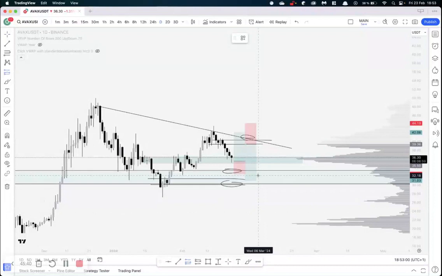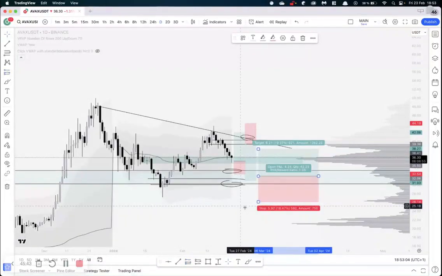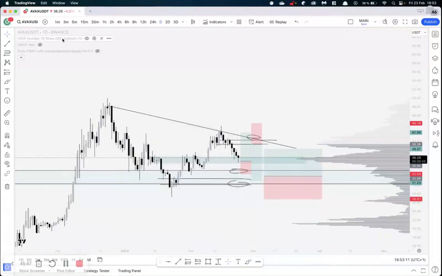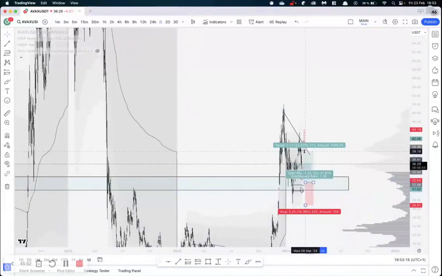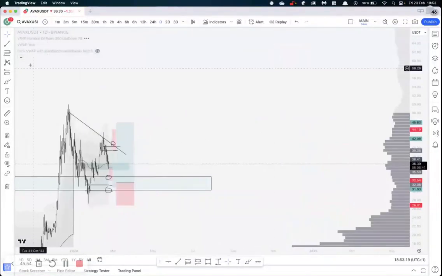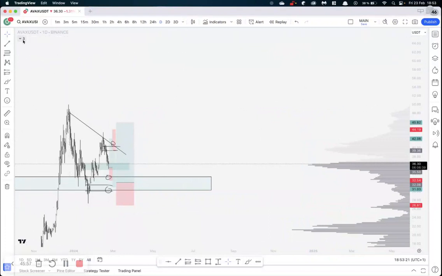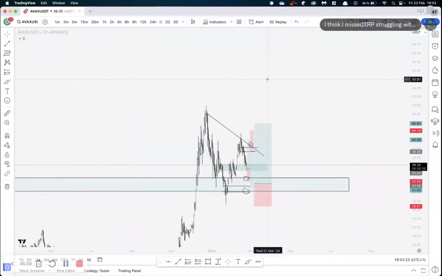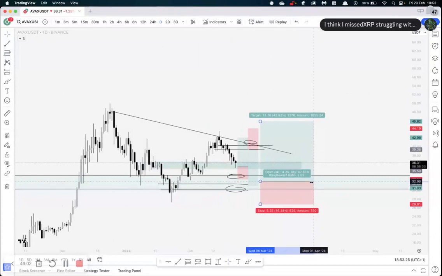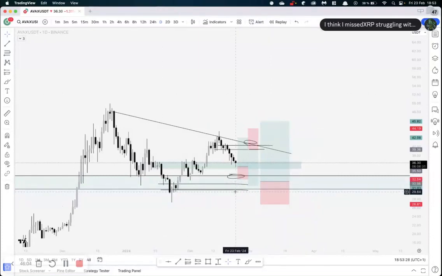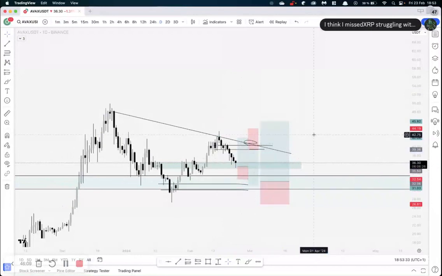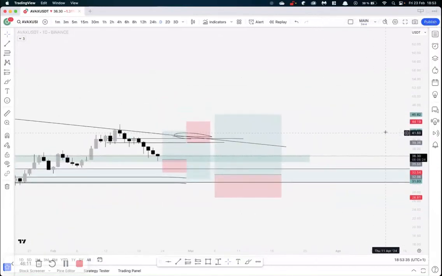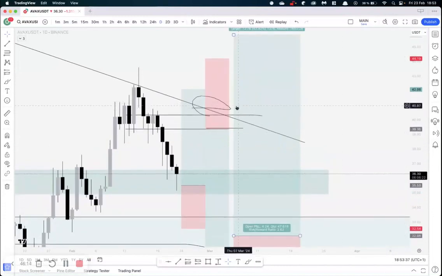Stop loss maybe below this one here, so around there, and then you'd TP around there, possibly. So those are three AVAX setups, but again, this long is the only one you should really take because the others are super risky. So yeah, that's AVAX. Whoever asked for AVAX, I forgot who.